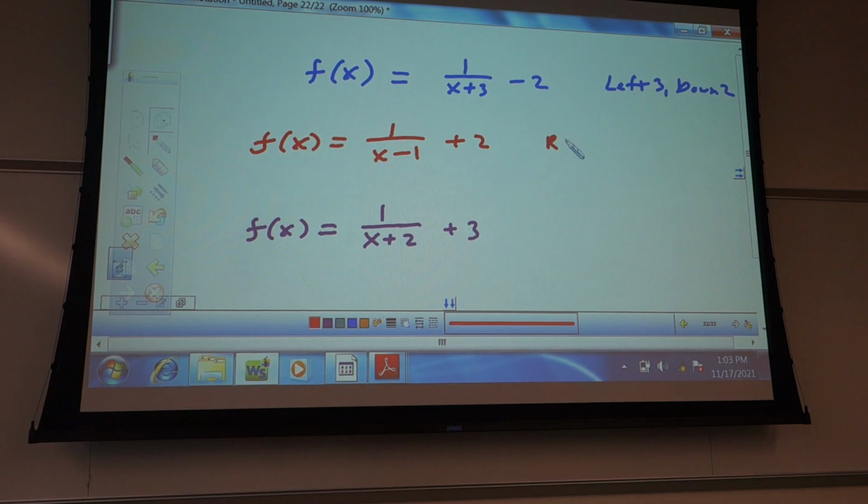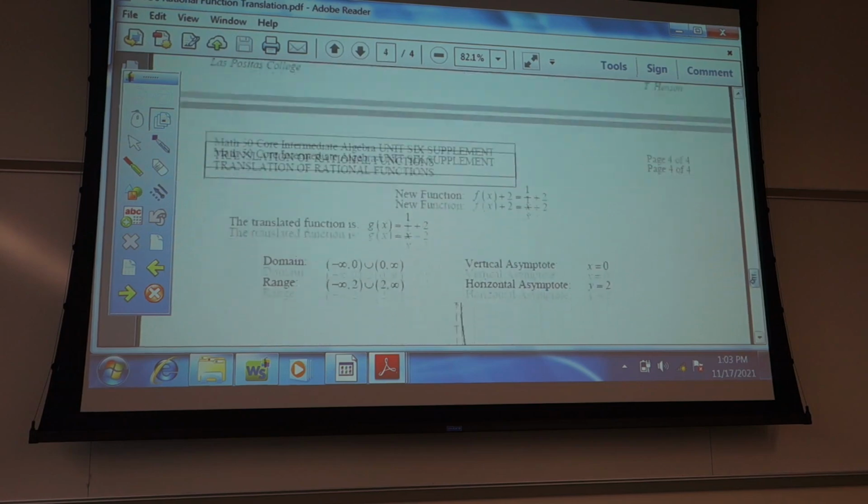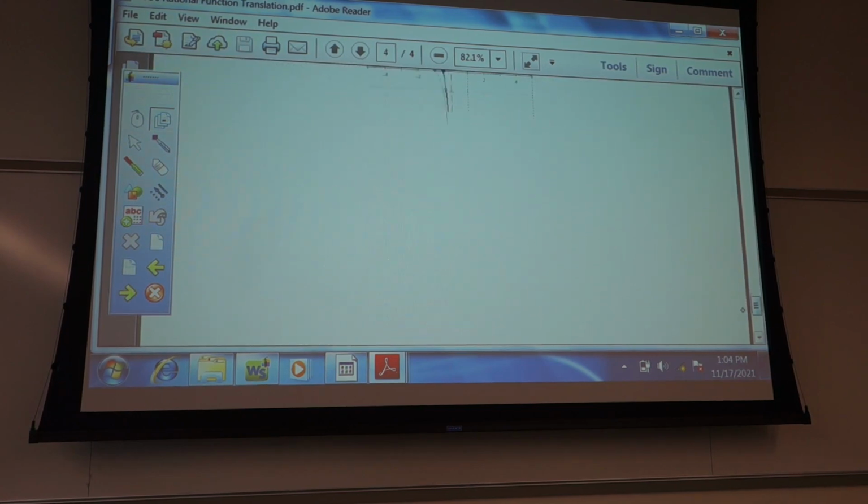Do the next one. What's my left-right shift? Left 2 on the inside, right? And the up-down shift is up 3 on the outside. All right, so, we did that already. So that's it.